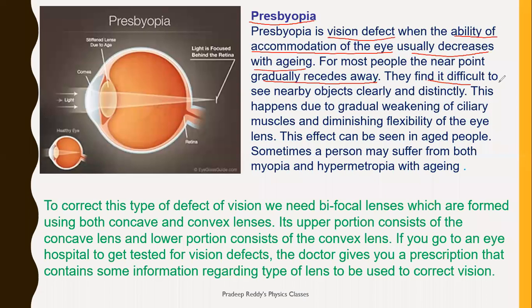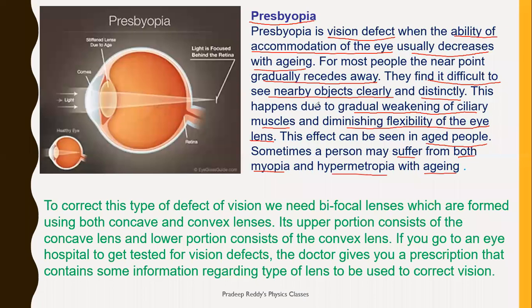They find it difficult to see nearby objects clearly and distinctly. This happens due to gradual weakening of the ciliary muscles and diminishing flexibility of the eye lens. This effect can be seen in aged people. Sometimes a person may suffer even from both myopia and hypermetropia with aging.